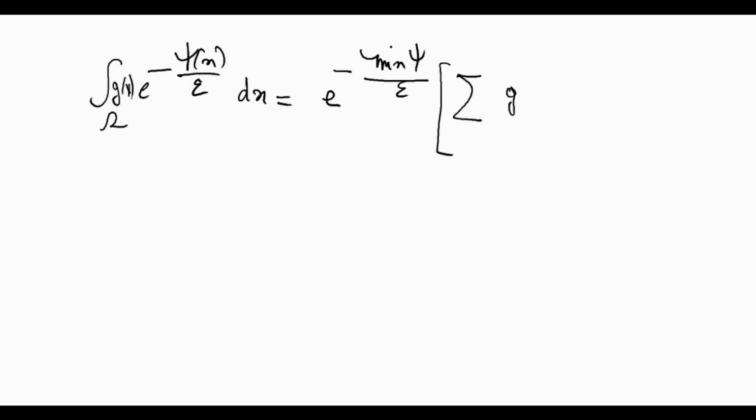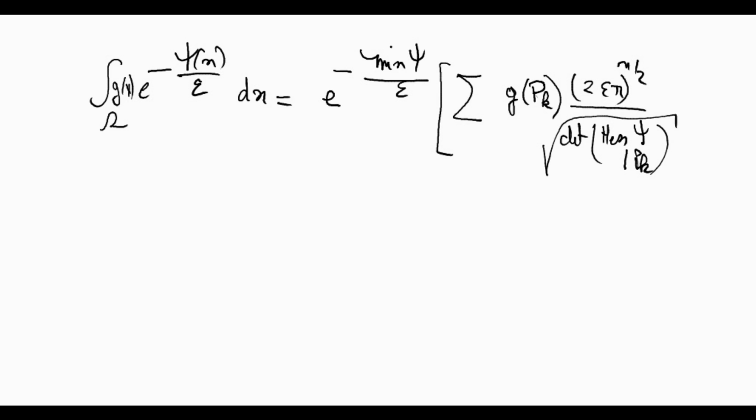So we have a sum over the points where psi achieves its minimum of g(p_k) times 2 pi epsilon to the power n over 2, divided by the square root of the determinant of the Hessian of psi at point p_k, and we sum over k from 1 to q. And this is plus a term that is exponentially small. So this is the Laplace formula for a function g that is not 0 at the point p_k; we assume that this is never 0.